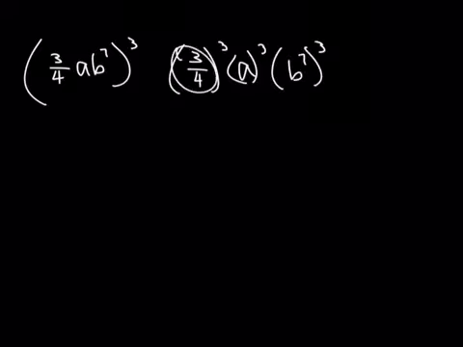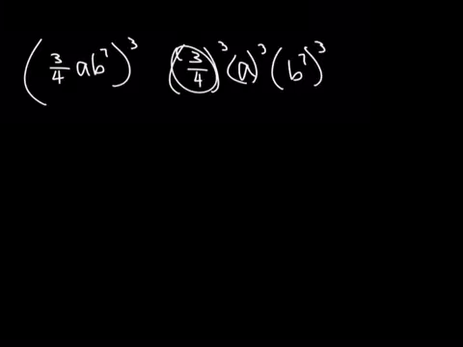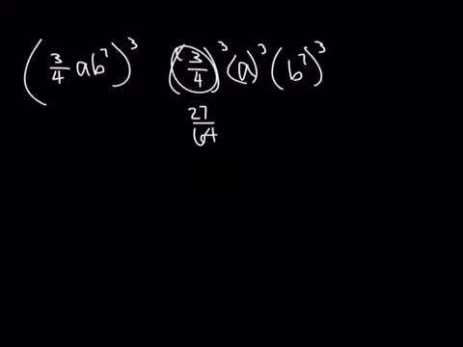So, 3/4, we cube each of those. Okay, 4 times 4 is 16, times 4 is 64. We cube that, and we cube that. And we're done. Okay.